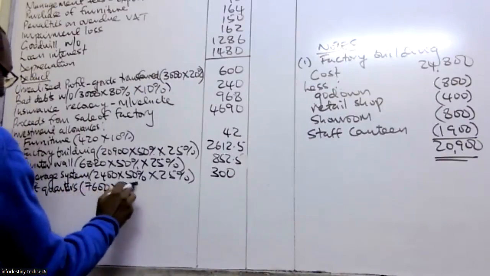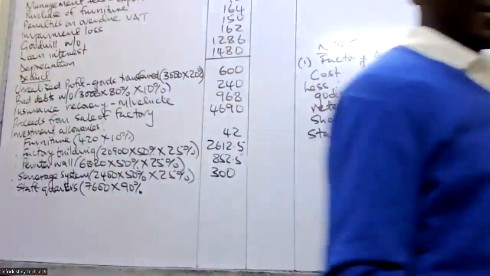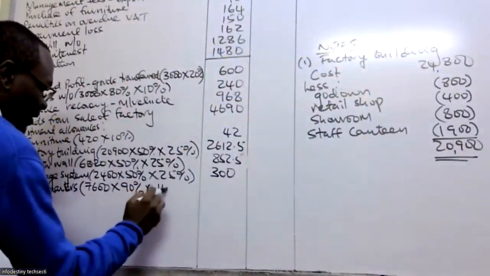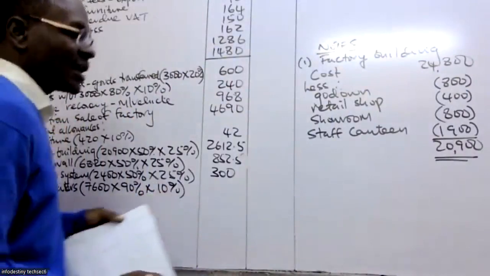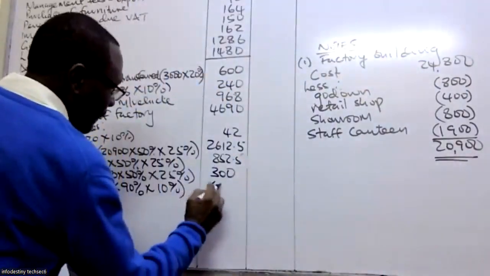You get 90%. Why 90%? Because last year they removed 10%. Then we get 10% of the residual. So 90% is the residual, we'll get 10% for the current year. So that's 684.